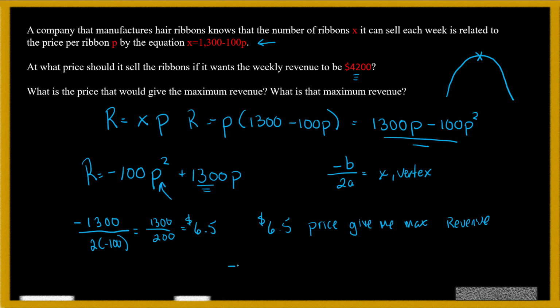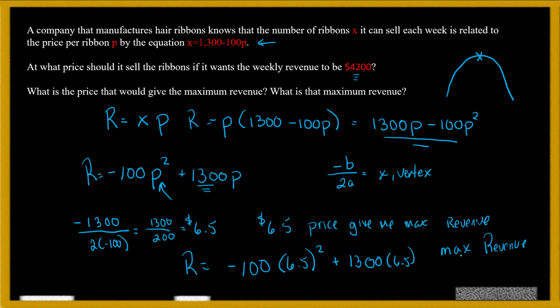R equals negative 100 times 6.5 squared, plus 1300 times 6.5. If you go through and do all of the arithmetic, you're going to find out that your max revenue is $4,225.